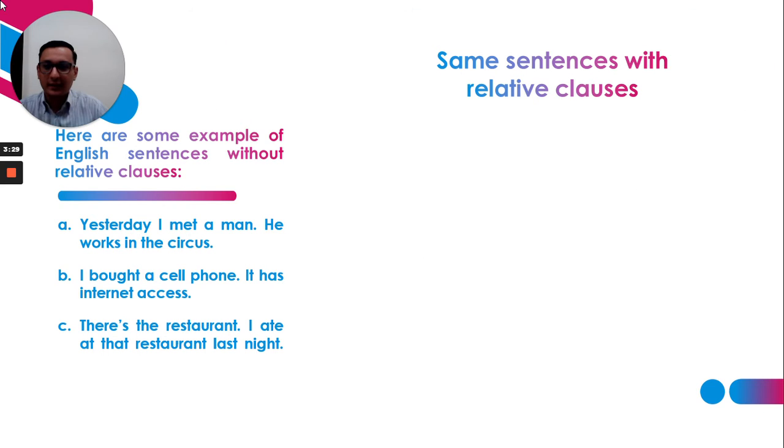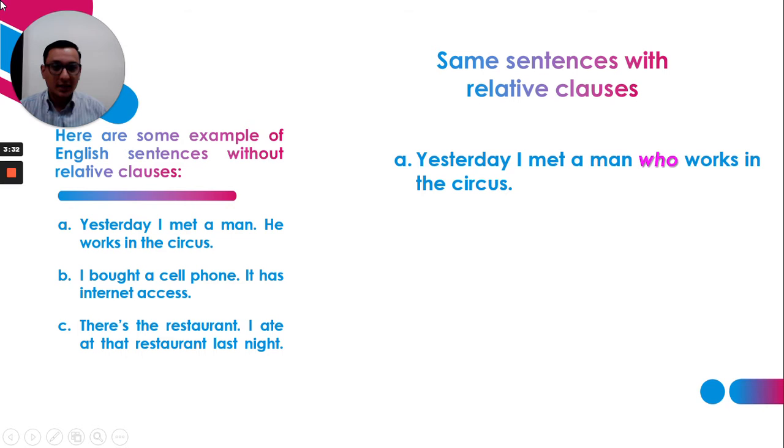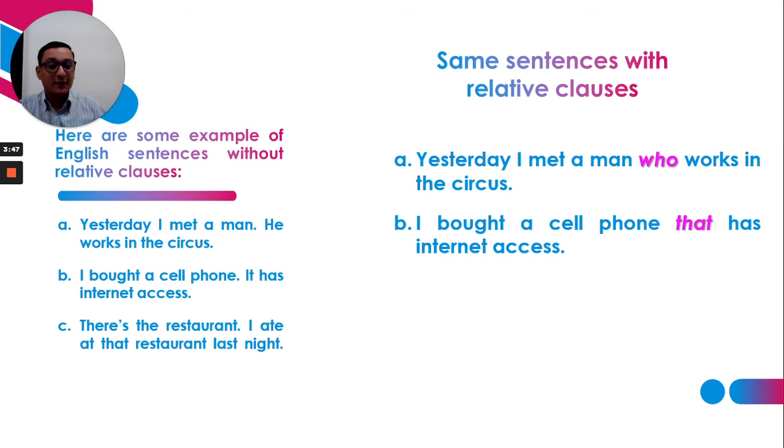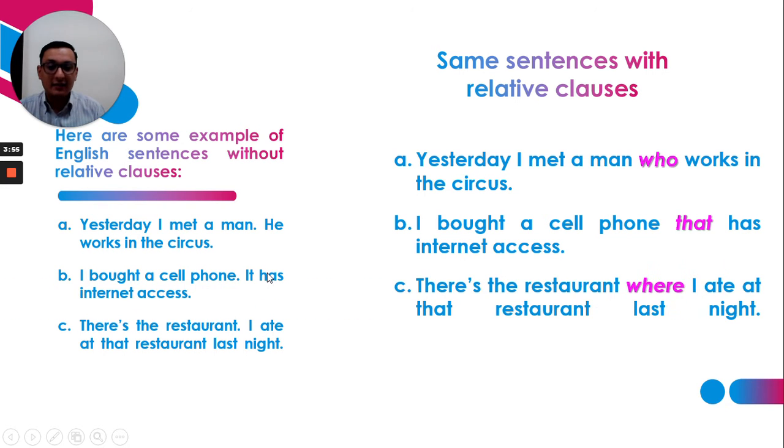Sentences with relative clauses. Yesterday, I met a man who works in the circus. So if you check, we are replacing he for man. Remember, relative clauses are always next to the noun they describe. I bought a cell phone that has internet access. Same case. We were talking about the cell phone with it, so we just use that to replace it. And letter C. There's a restaurant where I ate at that restaurant.